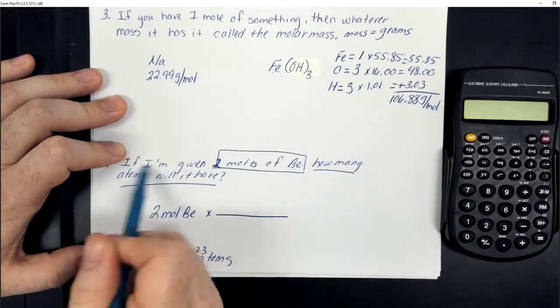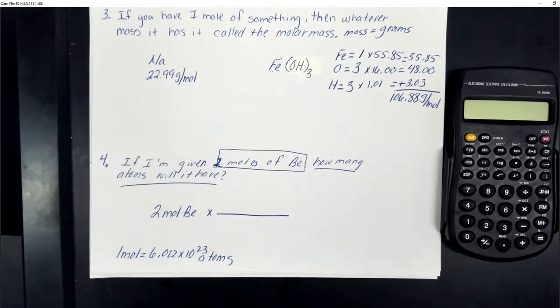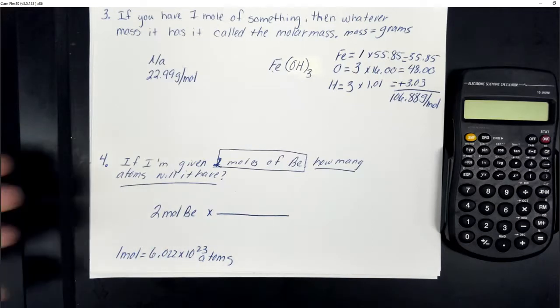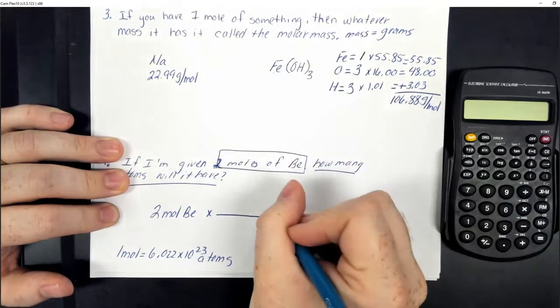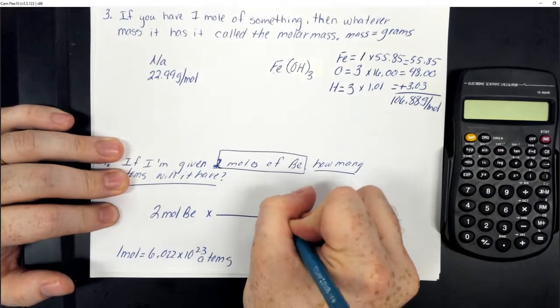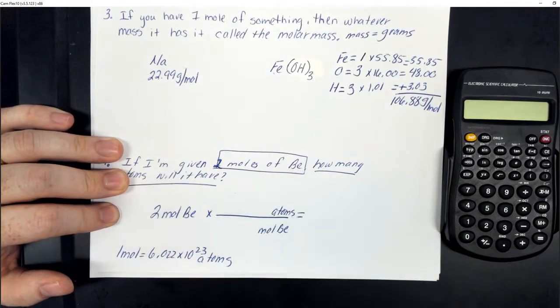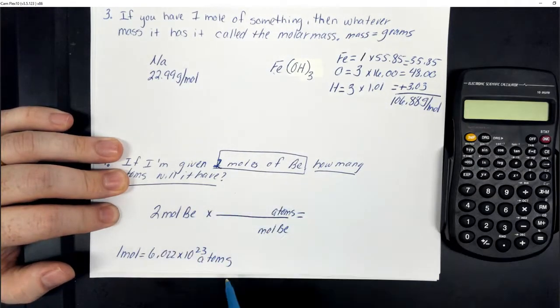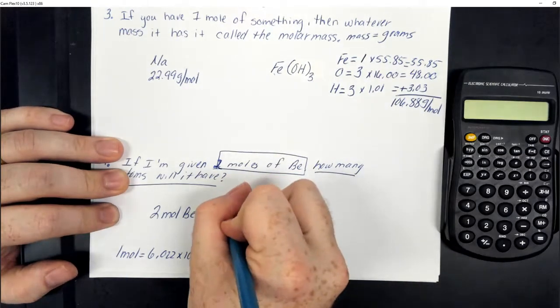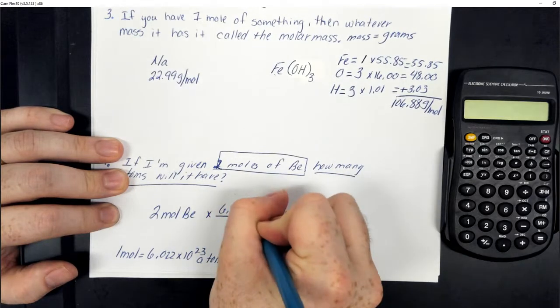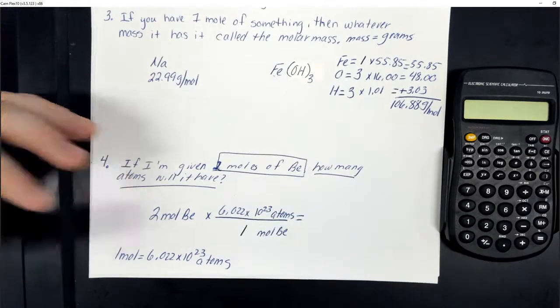Because it's asking for atoms. I want to cancel this mole of beryllium, so I must have mole of beryllium down here. That'll leave me with atoms up top, which is what we're looking for. This number is 1, because 1 mole of beryllium is equal to 6.022 times 10 to the 23rd things.